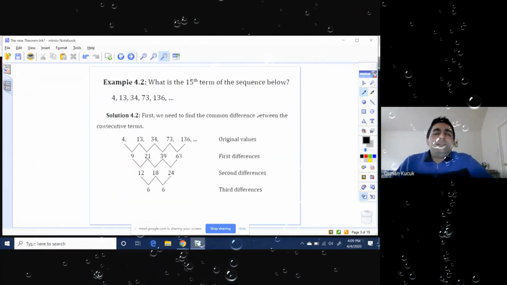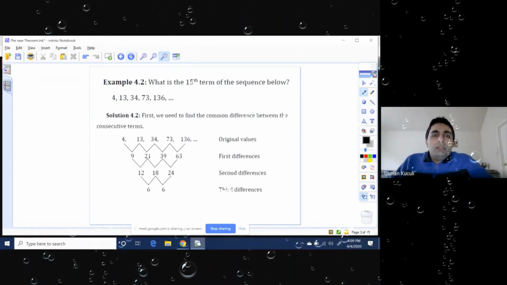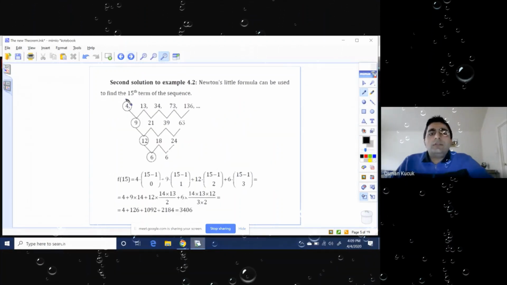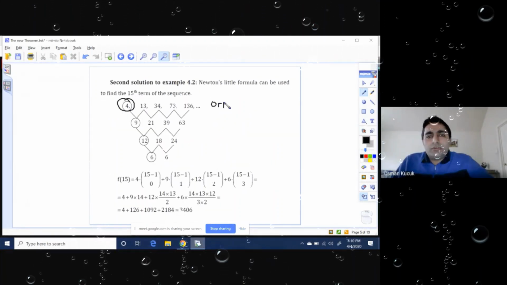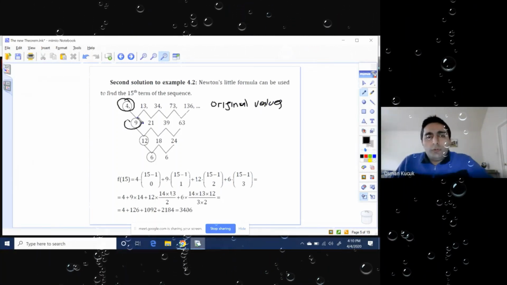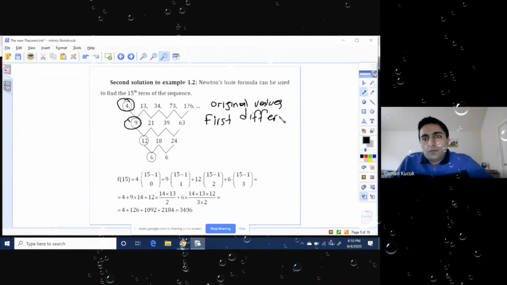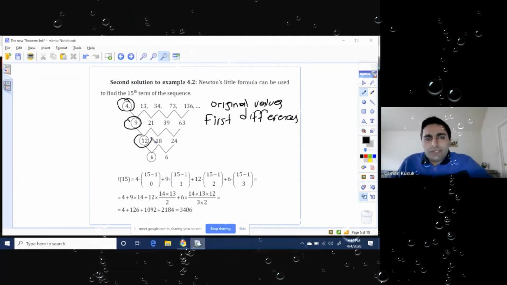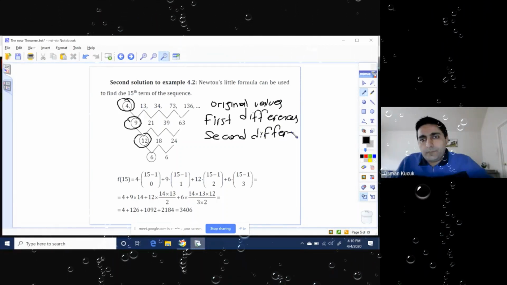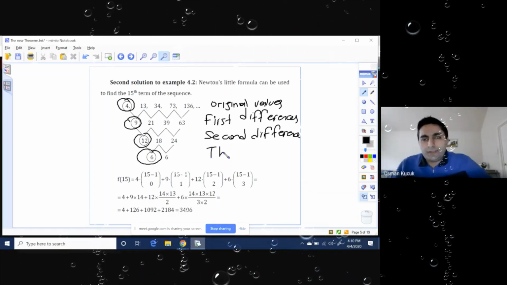So normally when we find the nth term of any degree sequence, we use Newton's formula. Newton's formula uses the first term of the original values, the first term of the first differences, the first term of the second differences, and the first term of the last differences, which is the third differences.